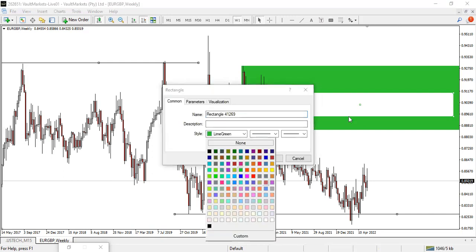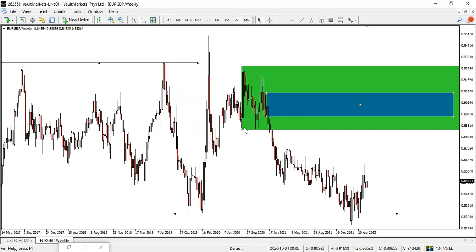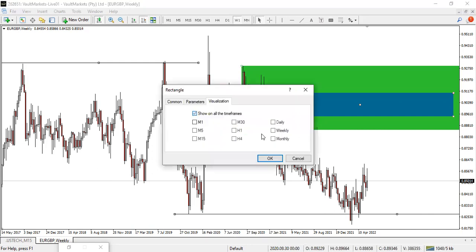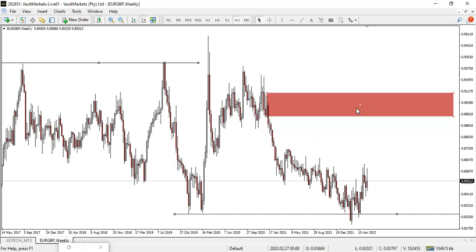Let it have another color. Now this big zone is for monthly time frame. This is our order block on a monthly time frame. So now we will remove it there. It will only be applicable to monthly time frame. Now this is for a weekly time frame.